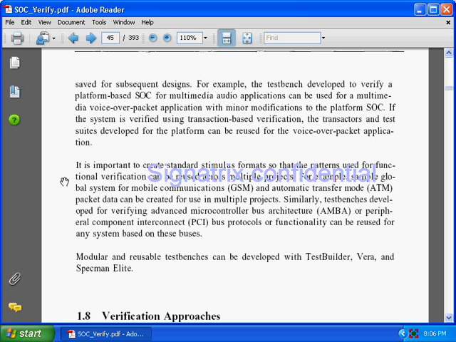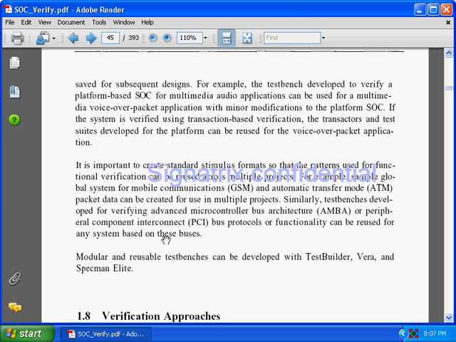What they are trying to say is, for example, sample global system for mobile communication and automatic transfer mode packet data can be created for use in multiple projects. So whatever you have created for one project, you can use that data packet for another project also. So similarly, a test bench developed for verifying advanced microcontroller bus architecture or peripheral component interconnect bus protocols or functionality can be reused in any system based on these buses.